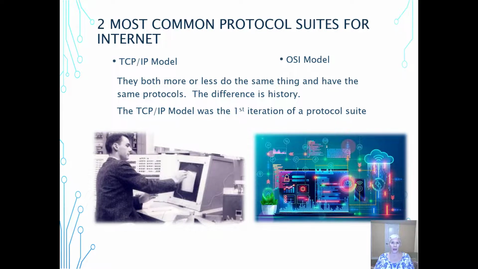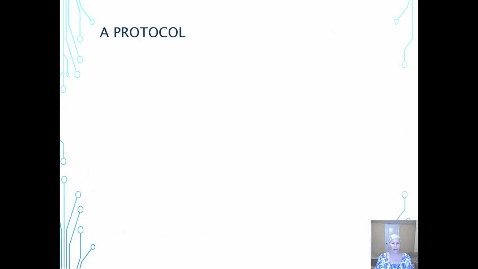As we began to advance and we started adding things like web conferencing, videos, being able to take and send pictures, emails, all of these variety of new services that were being offered on the internet, a 4-layer model no longer accurately described how to move data through the network. And so the OSI model was more or less designed or implemented in order to give more granularity to describe these new advancements in the internet.